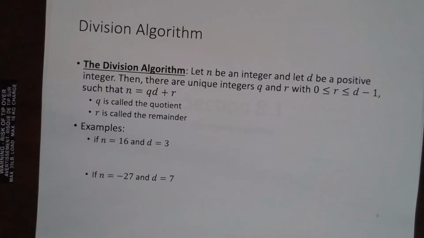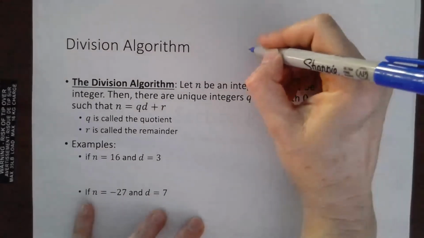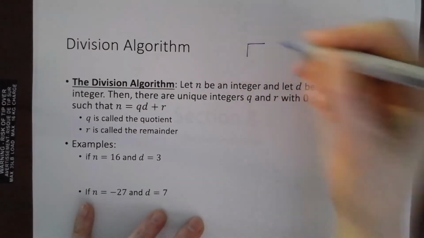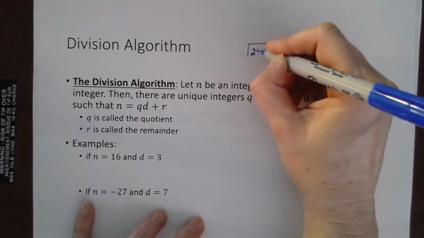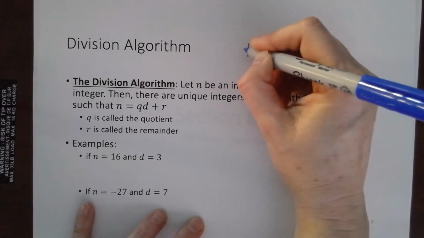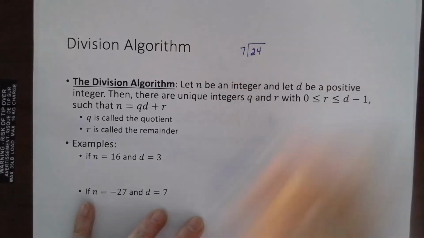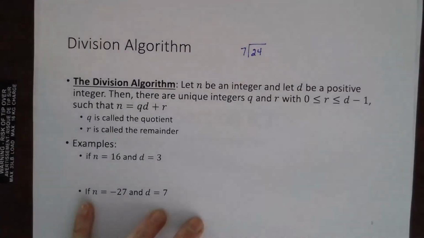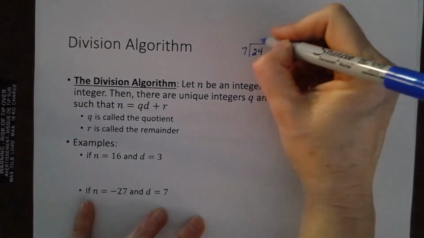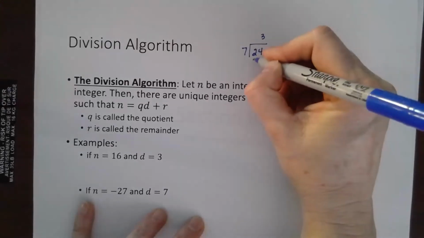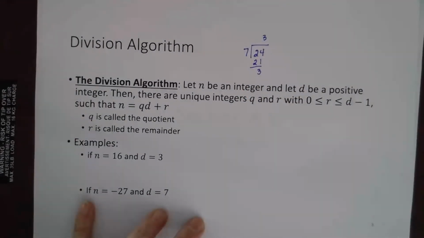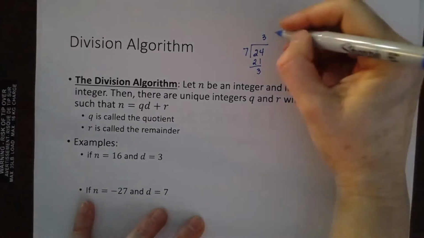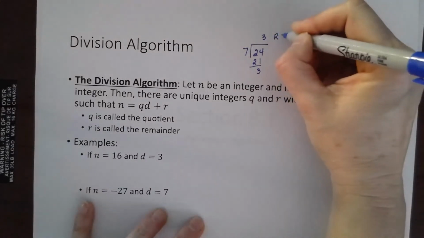Think about way back, if you can remember, when you were a little kid doing something like 24 divided by 7. You said, all right, 7 goes into 24 3 times, and then you wrote this and subtracted. I hope this is how you learned, maybe not. Then maybe you wrote a little remainder of 3.